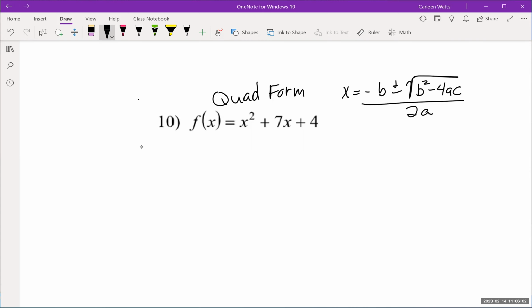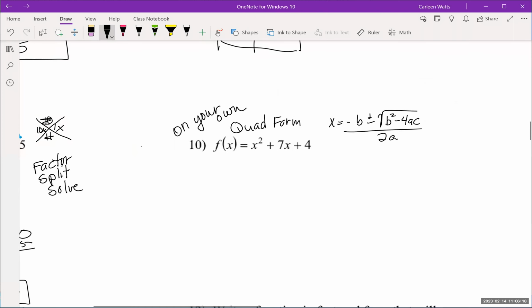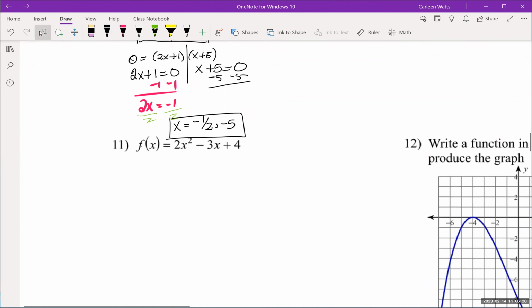You need to do this on your own, or stick around at the end and I'll do it for you. And they're going to come out square roots. Let's do this one.